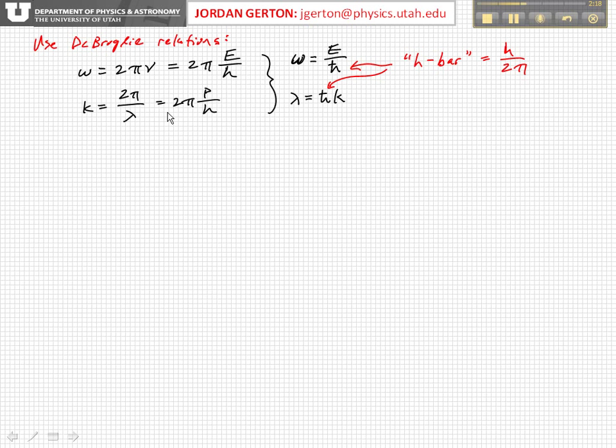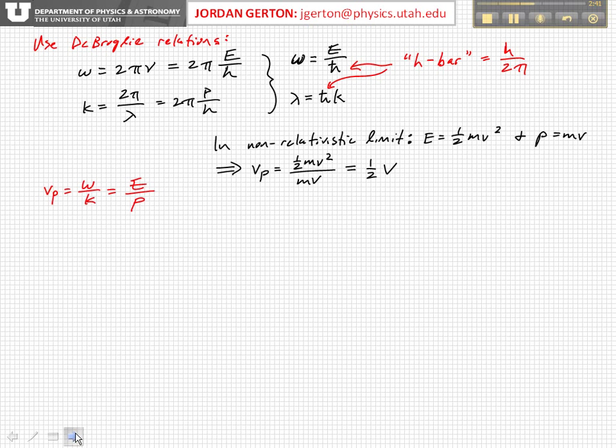Sometimes these relationships are written in the following way. We can write omega is equal to the energy divided by h bar, and the momentum is equal to h bar times k, where h bar is just a shorthand for Planck's constant divided by 2 pi. It's another constant. Okay.